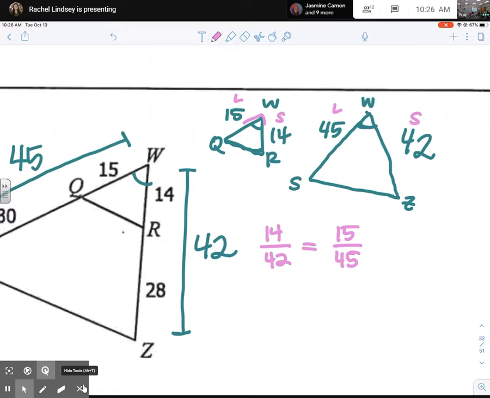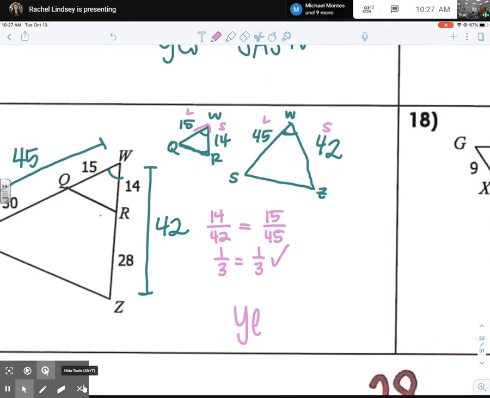Yes. What do they both reduce to? 1/3. So yes, those are similar by side angle side.